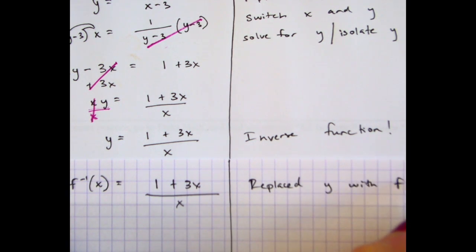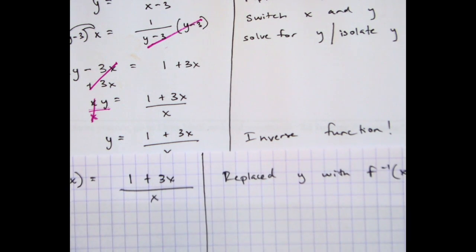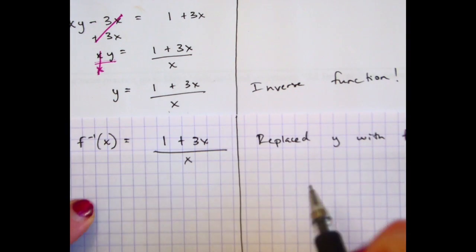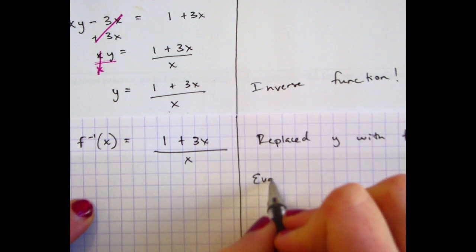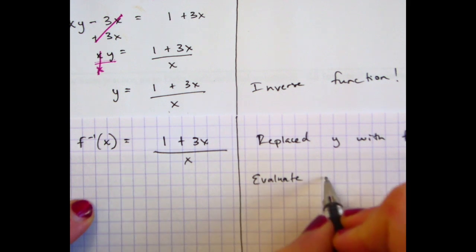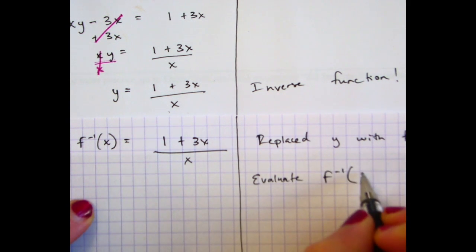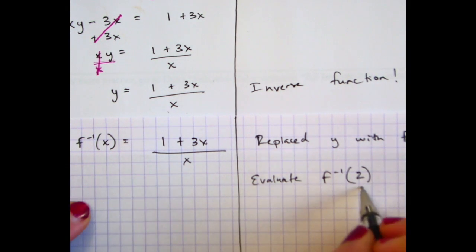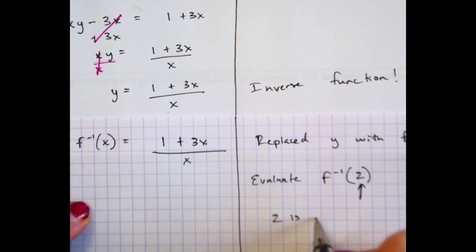And now I'm going to evaluate the inverse function for the input of 2. So this means 2 is my input, meaning I can just do what we are used to doing, which is every time I see an x, I'm going to replace it with a 2.